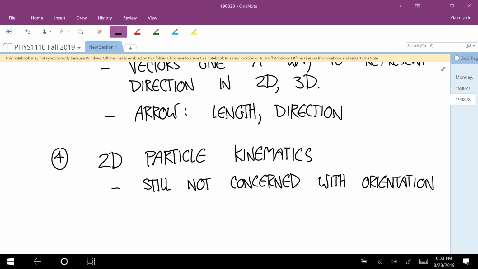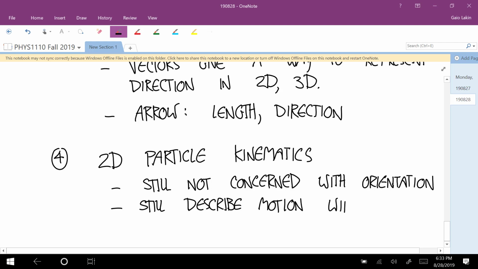So we're still not concerned with orientation. We still are just describing motion without causes. The only thing that's different now is that we're talking about objects that can move in infinitely many directions, anywhere in a plane.